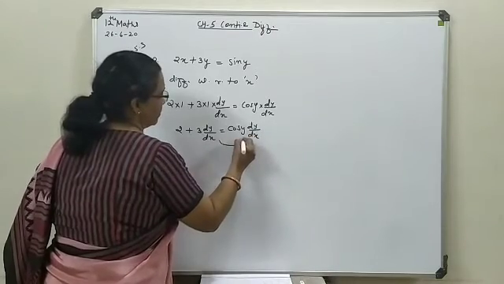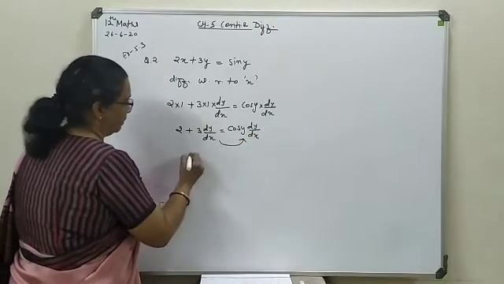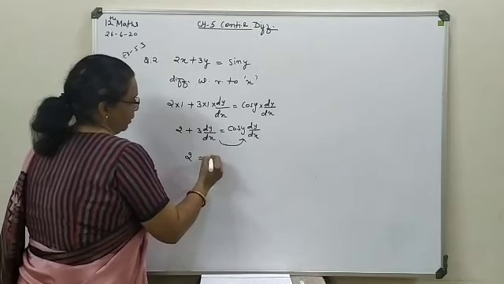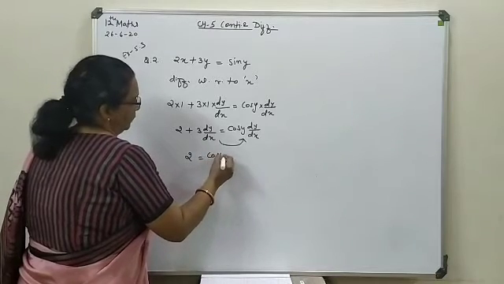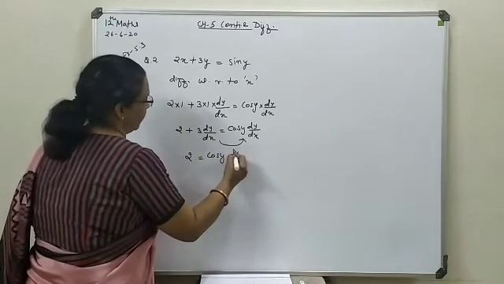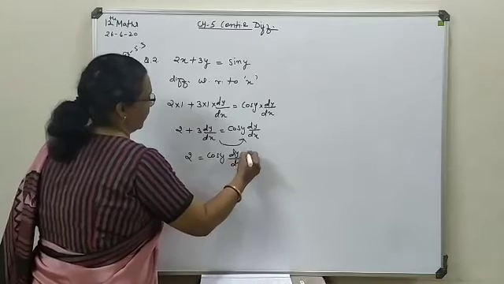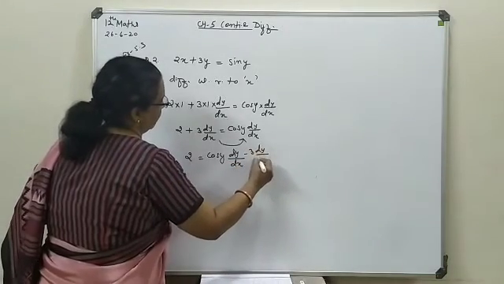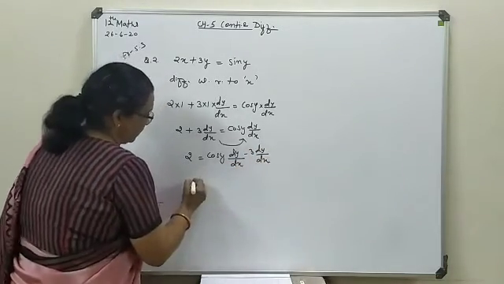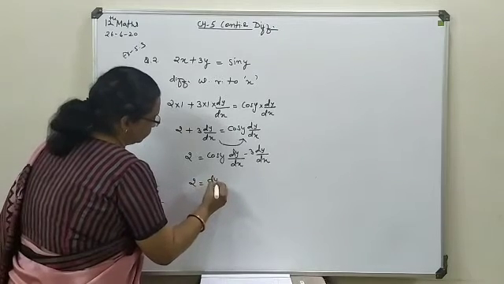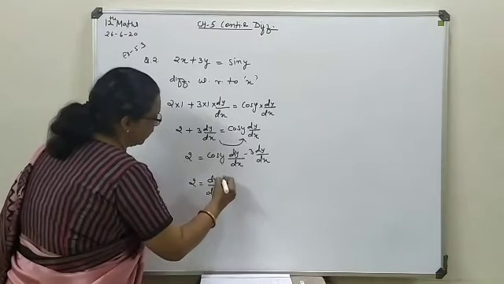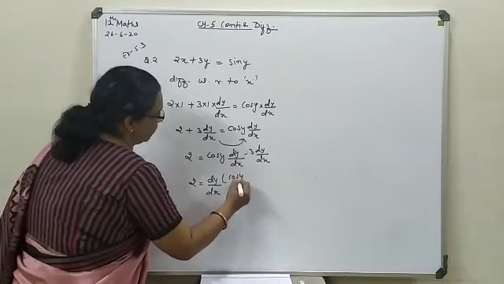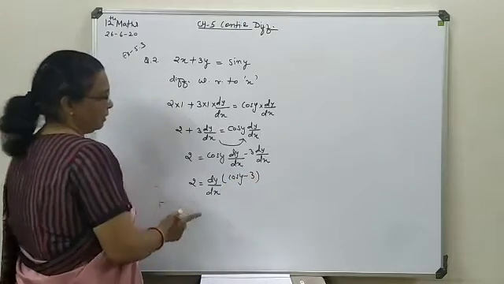This dy by dx term is to be shifted over there. So it will be 2 equals cos of y dy by dx minus 3 dy by dx. You can take dy by dx common here. Anyhow, your answer should come in such a way that the dy by dx term is separate.